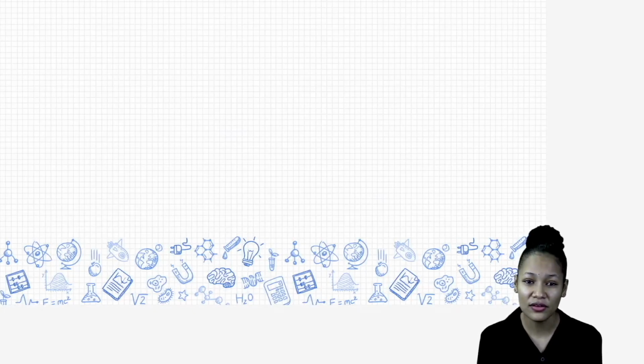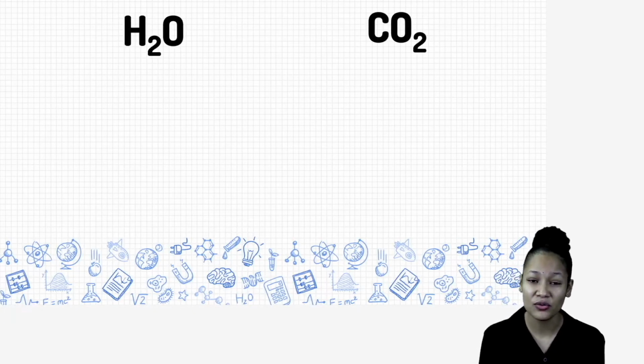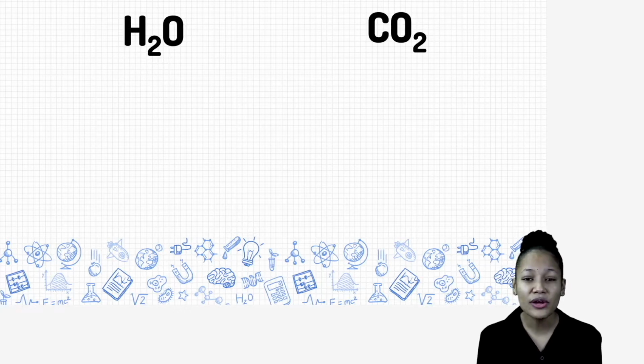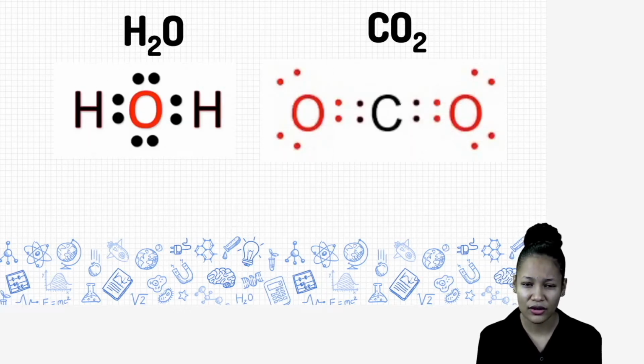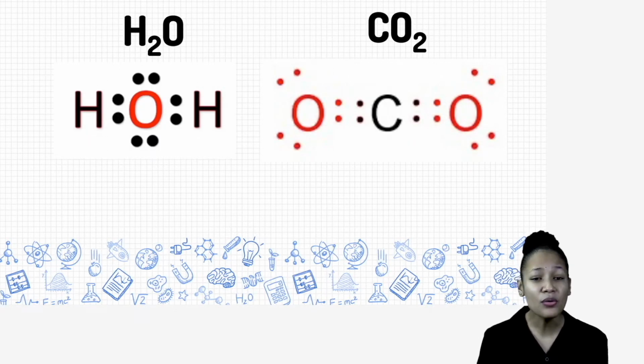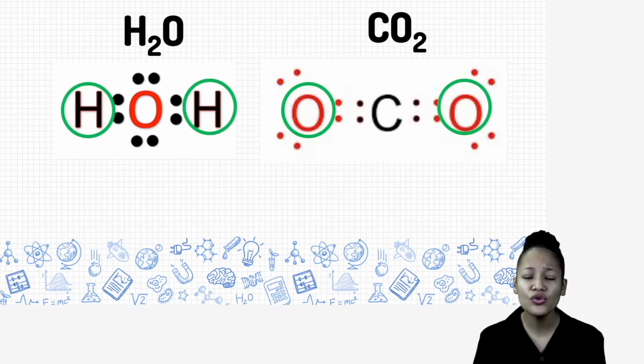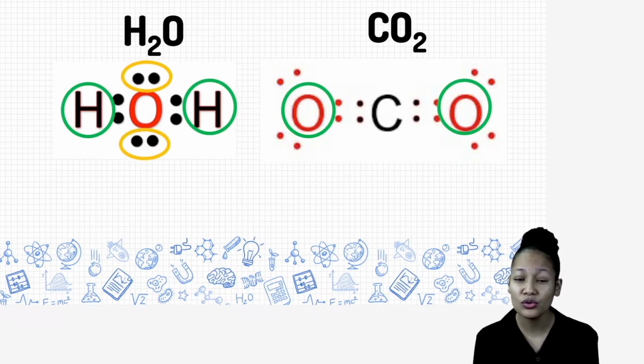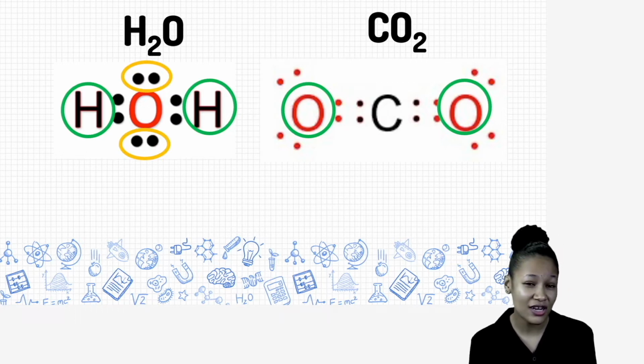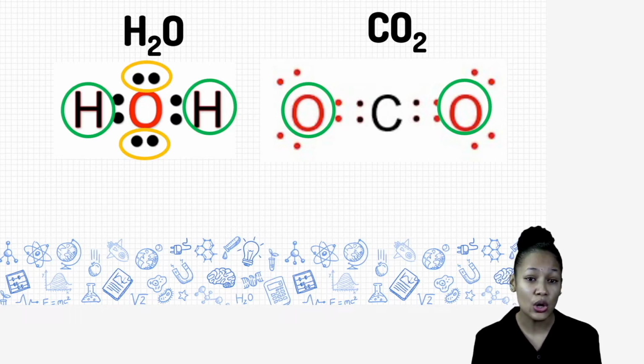So based on this, we find that different molecules have different structures. When you look at water and carbon dioxide, you will notice that both of these molecules have 2 terminal atoms surrounding the one central atom. But if we look at the structure of water, you will notice that on the oxygen atom, there are 2 lone pairs.